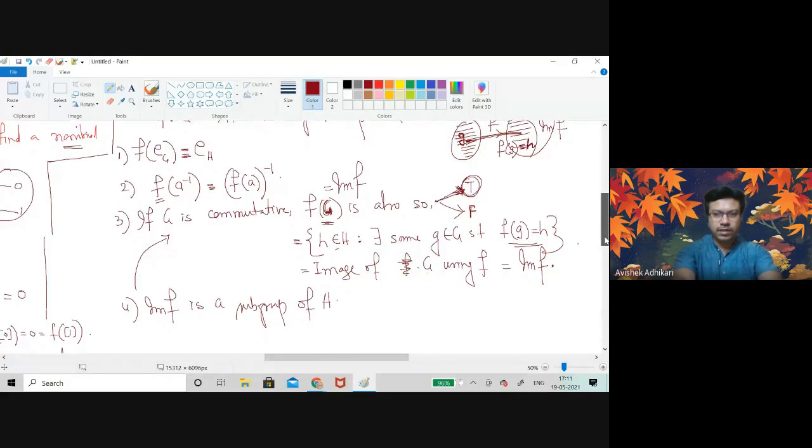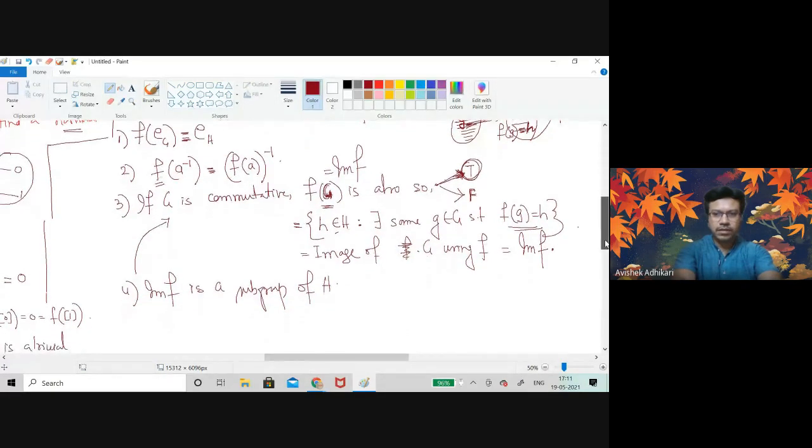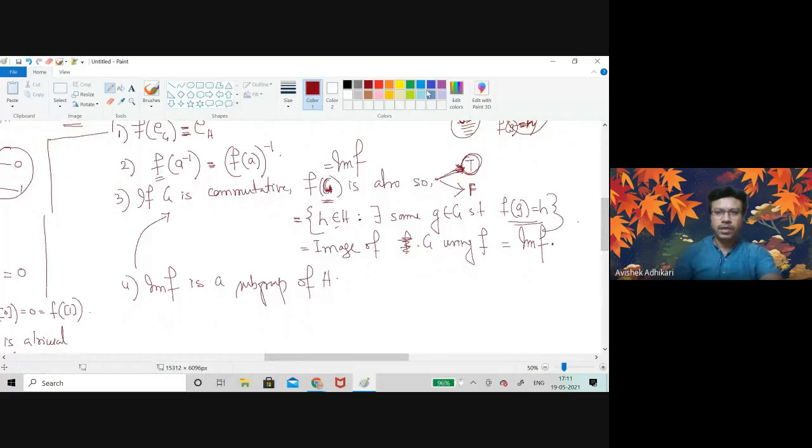How to prove the first one? First, f of e_G, you can write f of e_G dot e_G, and by the homomorphism property, this is f of e_G times f of e_G.